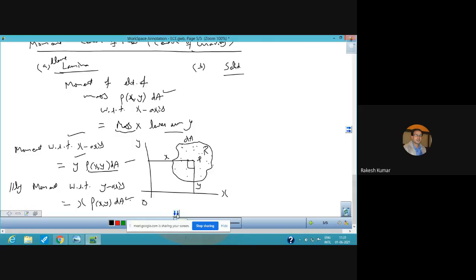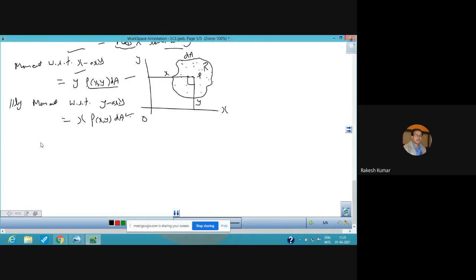Now we have to compute the total moment actually. So the total moment of the plate with respect to the x-axis, that is denoted by Mx, is the double integral over the region R of y rho of xy dA.